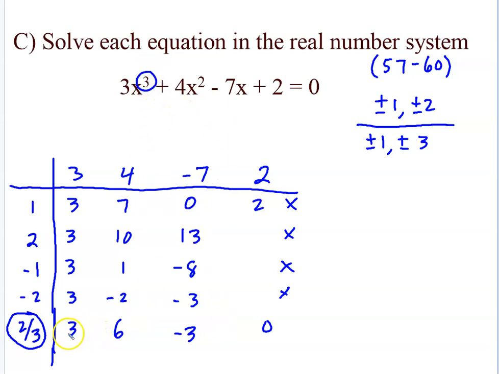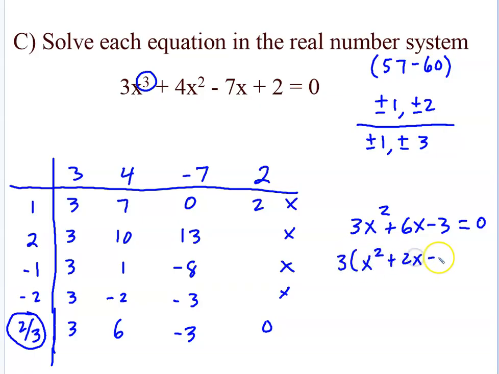Okay. And now you take the numbers that remain, and you're at quadratic level, so you don't have to worry about using the table anymore. So this is going to be 3x squared plus 6x minus 3 equals 0. And I'm going to solve this by factoring, so just take out the 3. x squared plus 2x minus 1 equals 0.